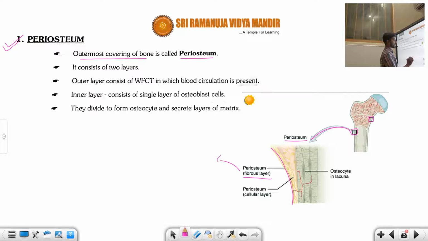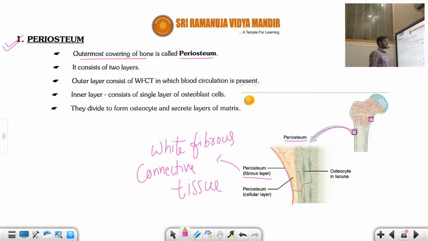This fibrous layer is made up of white fibrous connective tissue. The outermost part of the periosteum is made up of white fibrous connective tissue that we already taught in the previous class. You can check the previous class.